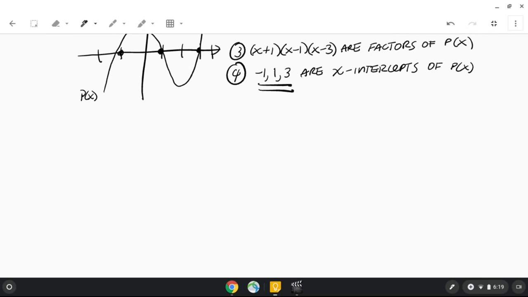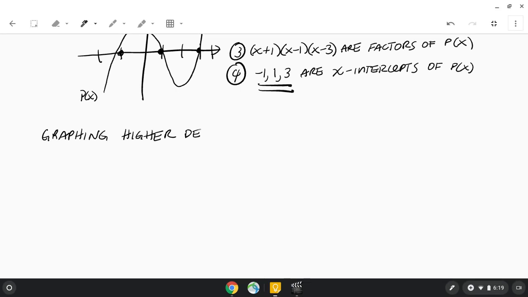So let's go ahead and take a look at graphing higher degree polynomials.